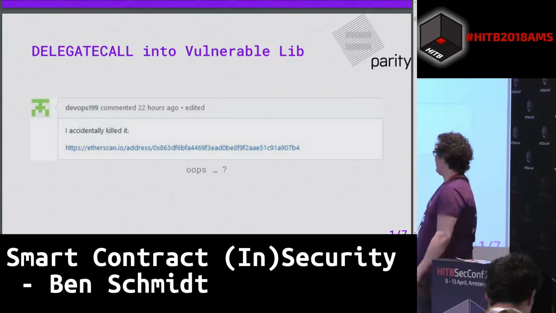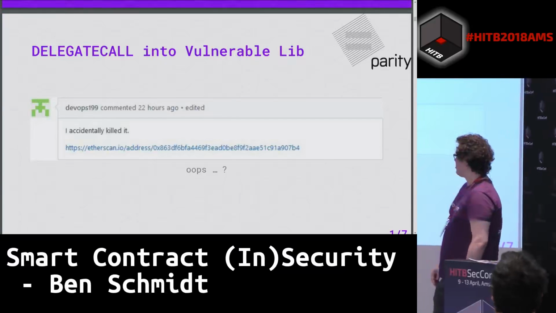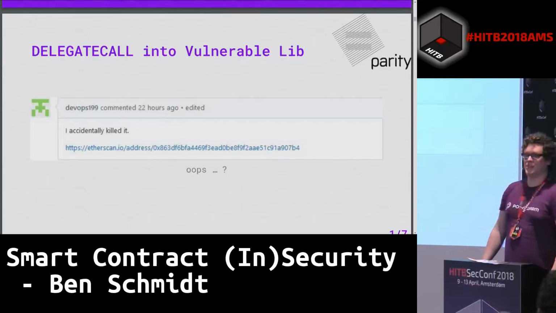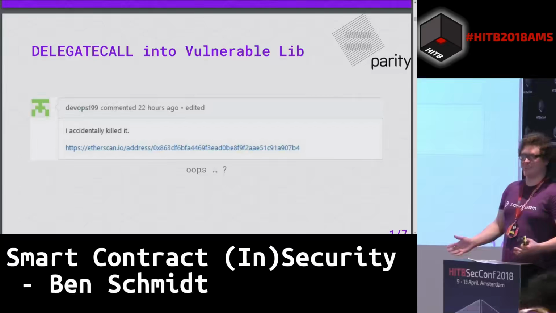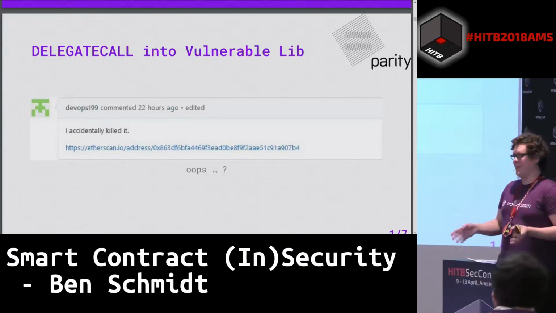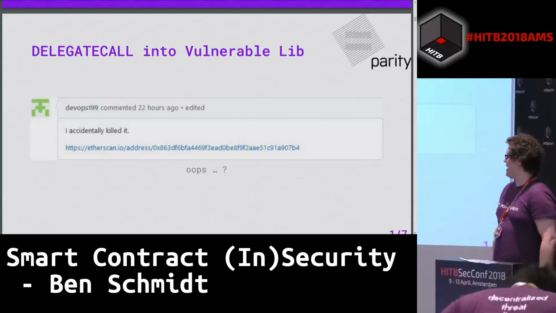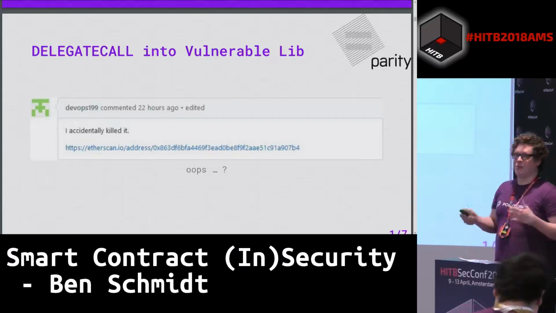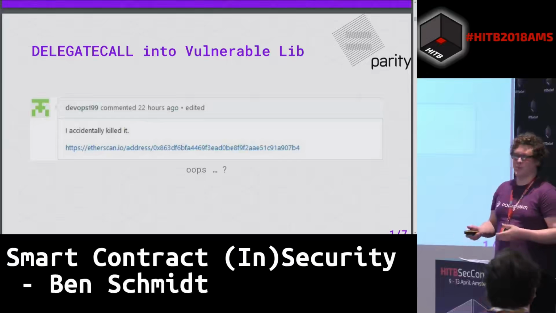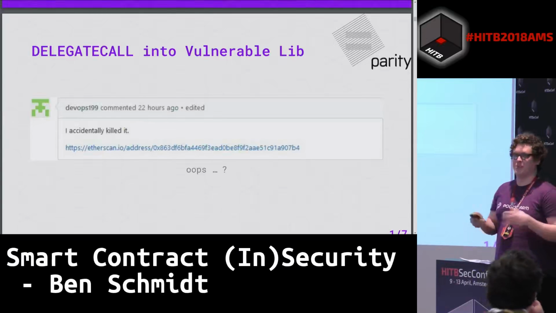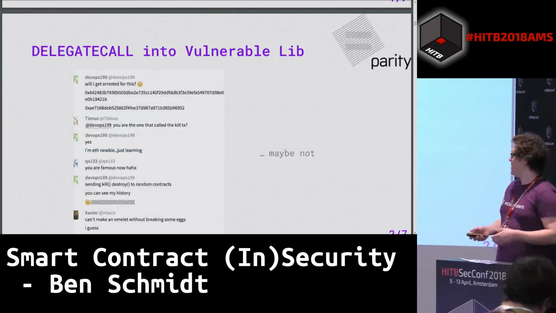The first one we're going to talk about: in early November, devops199 commented on Parity's GitHub that he accidentally killed it. People weren't sure what he meant until he pulled up the Etherscan address, and apparently he had managed to lock up $300 million in Ethereum just by sending random kill instructions to contracts on the chain.